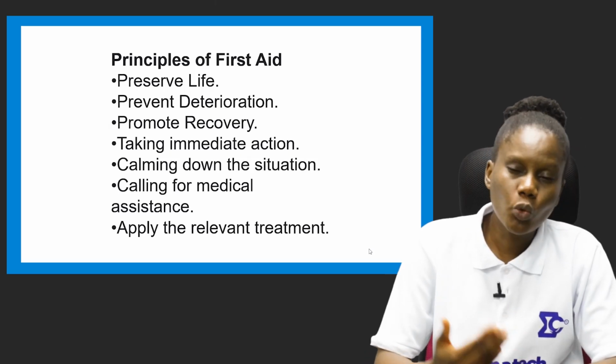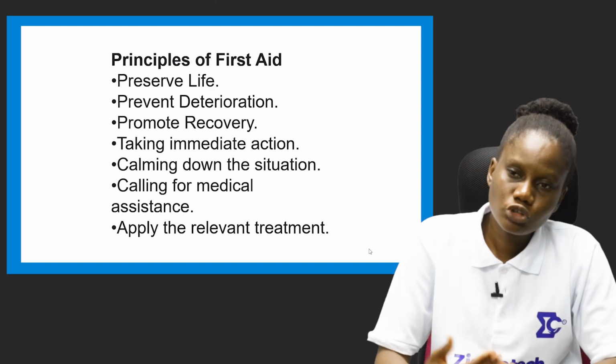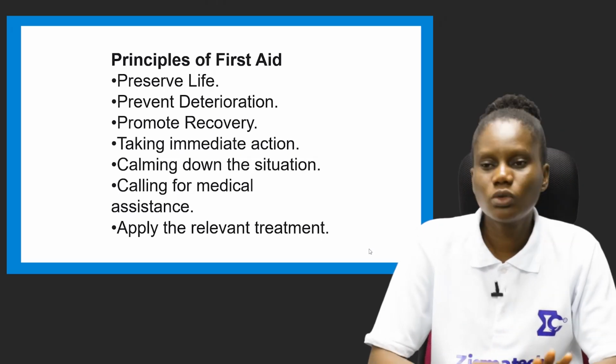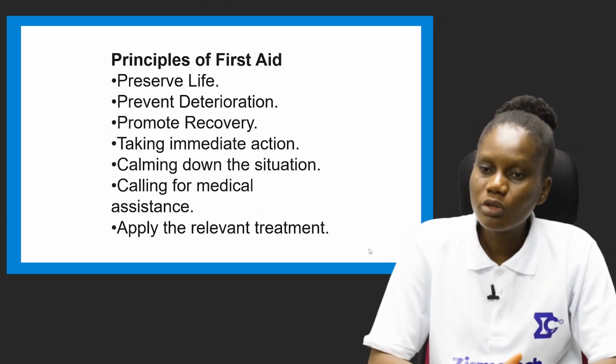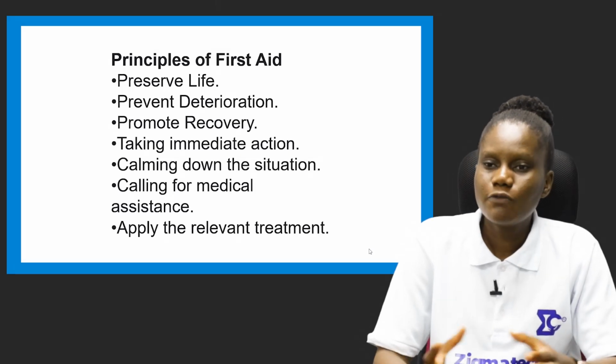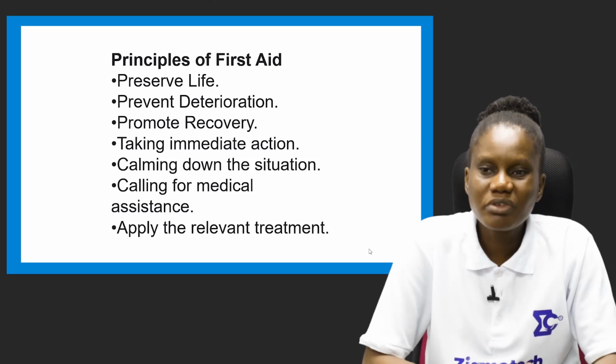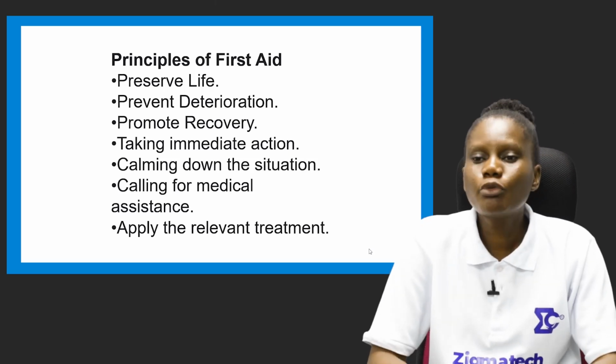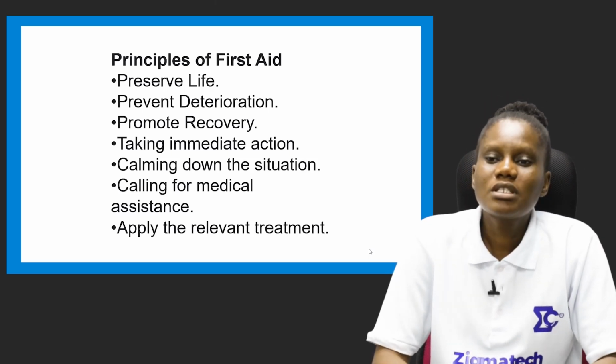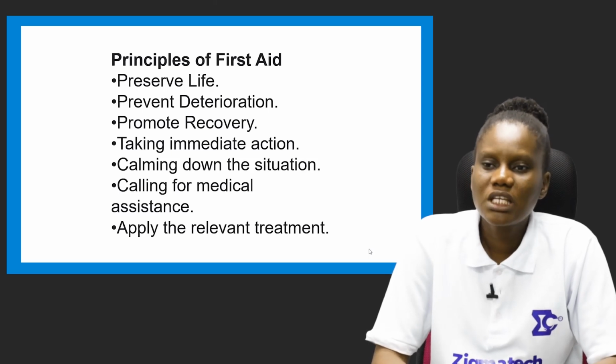But if there's no quick attention to the situation, the burnt part of the body might form some blisters, which can lead to some wounds later on. So it's to prevent deterioration, promote recovery, and also taking immediate action.